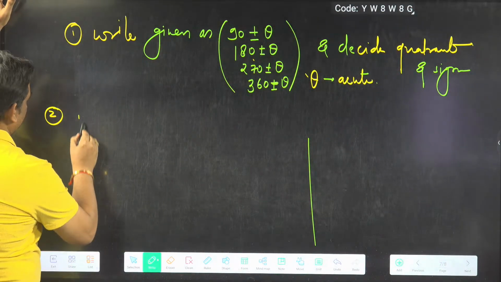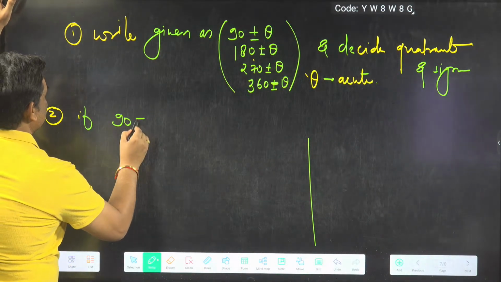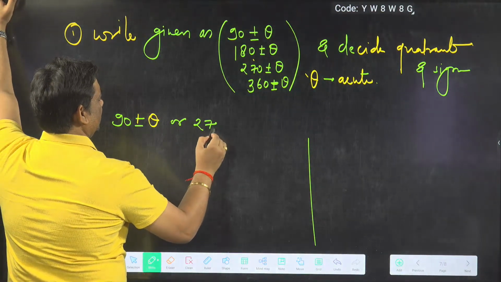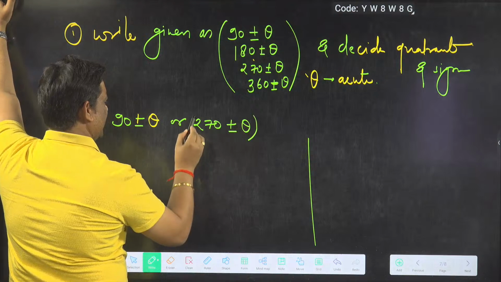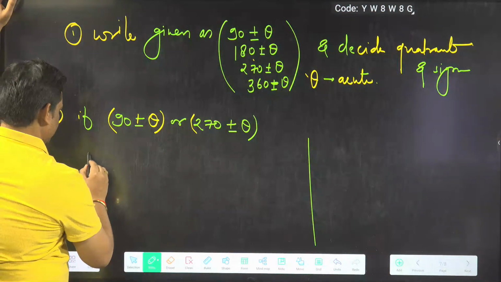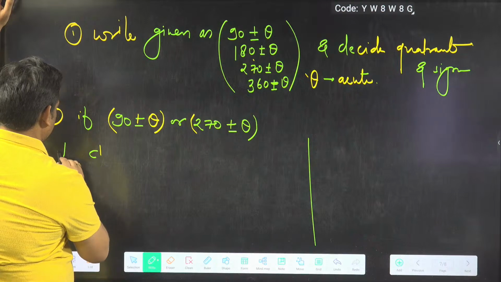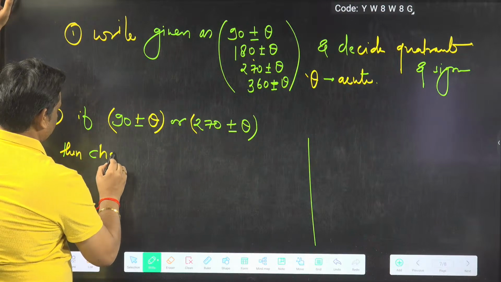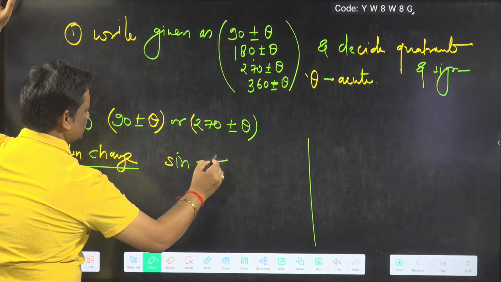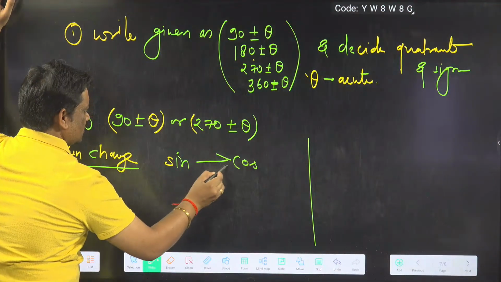Now, if you have 90 plus minus theta or 270 plus minus theta, then change sine into cos, and cos into sine.